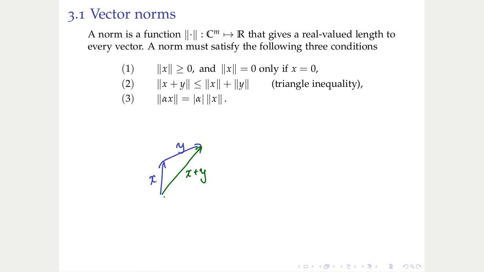Okay, the length of x plus y can't be longer than the sum of the other two sides of the triangle. Okay, if it were, then it wouldn't be a triangle. So that's why it's called the triangle inequality, and that's one of the three conditions.